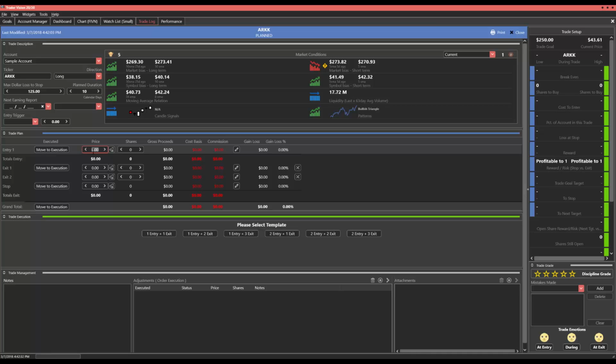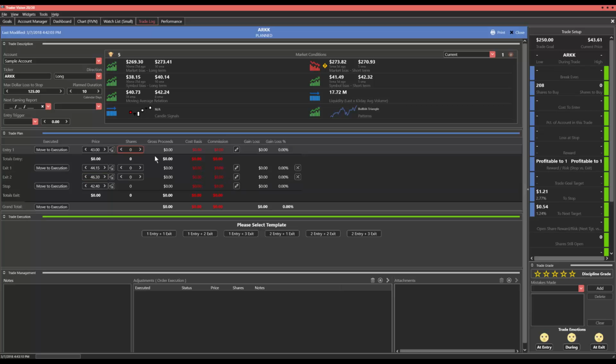What did I say? No, that was a stop, 42.40. So the entry was 43. And the first target was 44.15. Second target was 46.30.